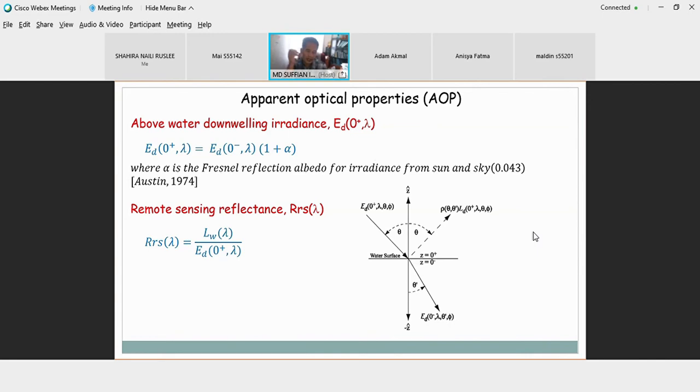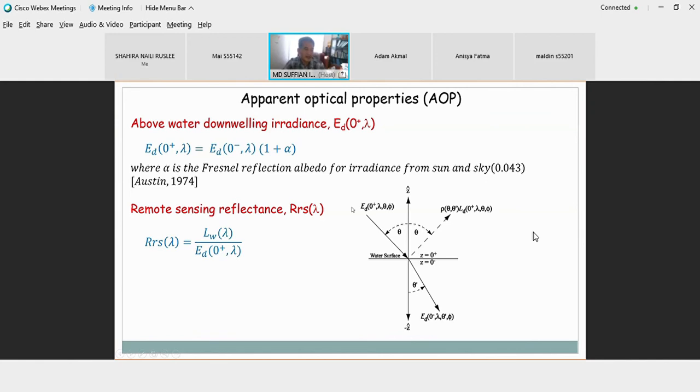Usually we measure in the water. From that data we derive the water-leaving radiance and downwelling irradiance. We can measure downwelling irradiance from the data just below the surface, times 1 plus alpha.